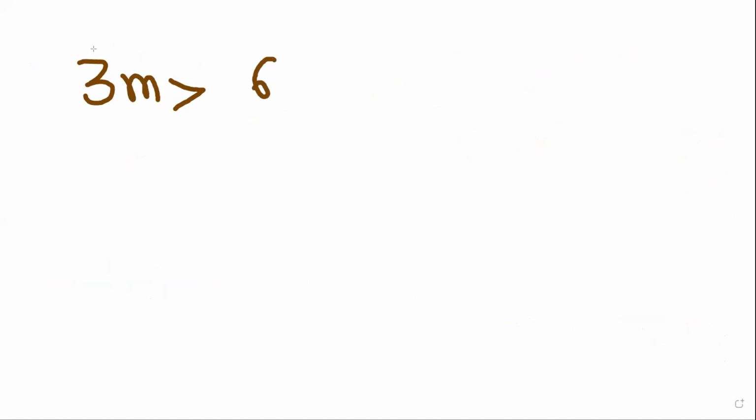Here, there's nothing that's multiplied by negative. Just I want to remind you that if the variable is multiplied by a negative number or divided by a negative number, you have to reverse the inequality.